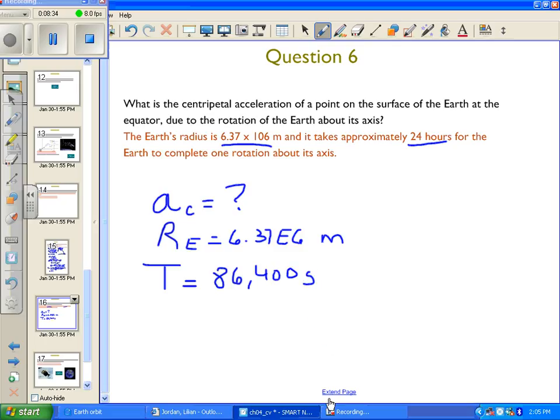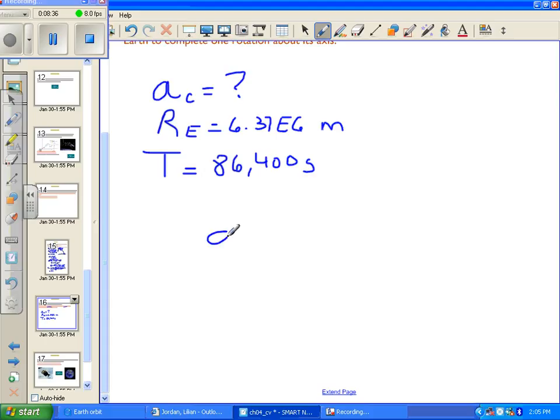Well, we know that centripetal acceleration is given by tangential speed squared divided by radius.